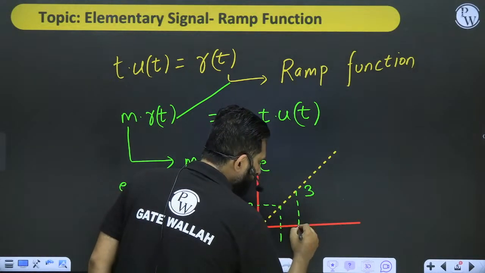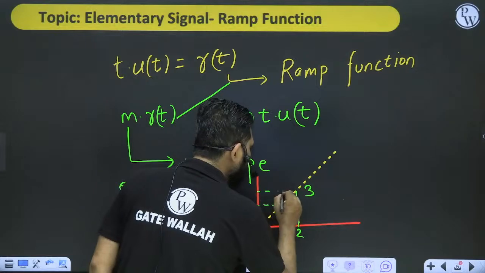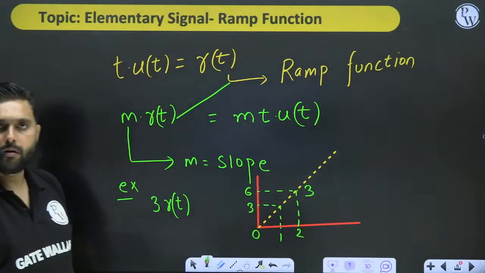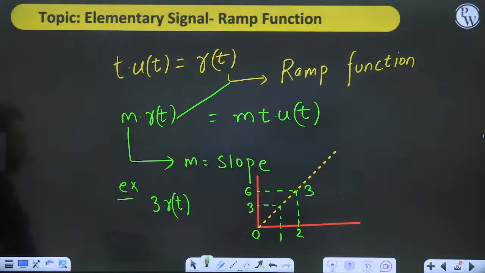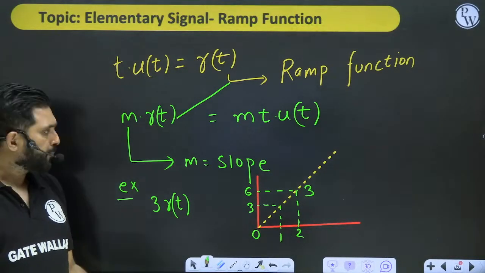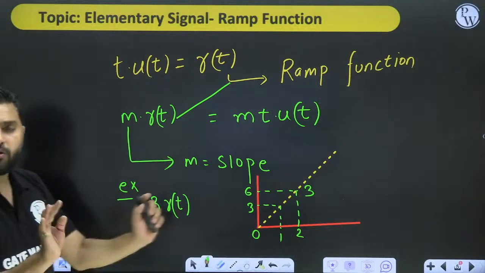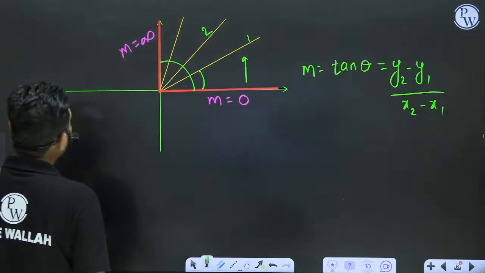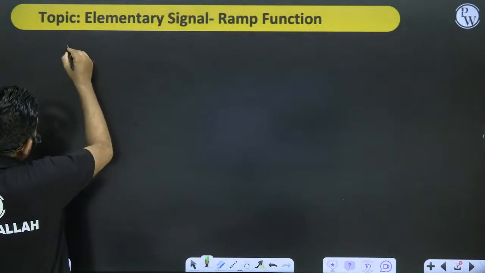If this is 2, this will give me 6, and so on. That's the meaning of a slope of 3. So this is what the ramp is all about. Let's play with the ramp. So what I'm saying is operations on the ramp.